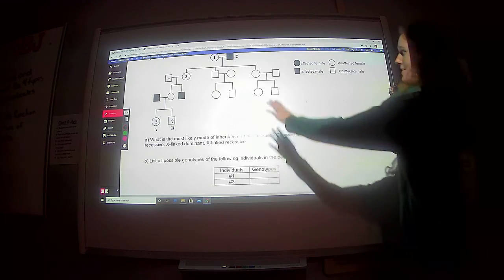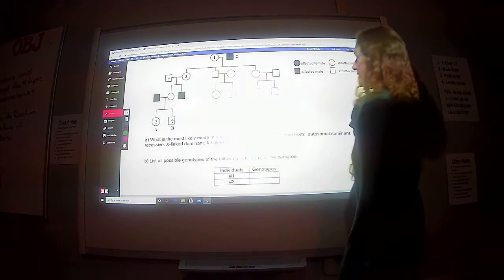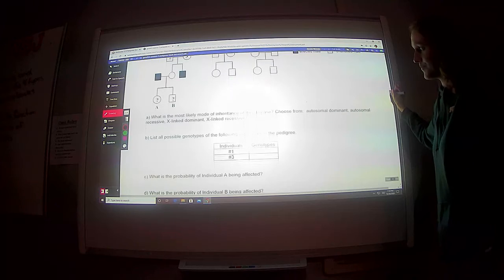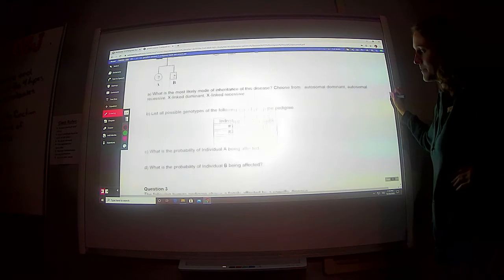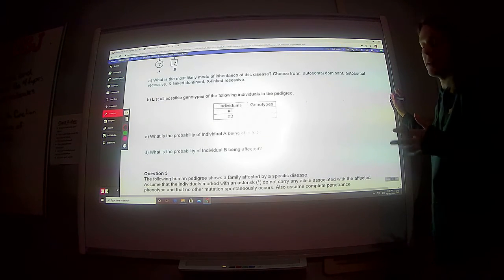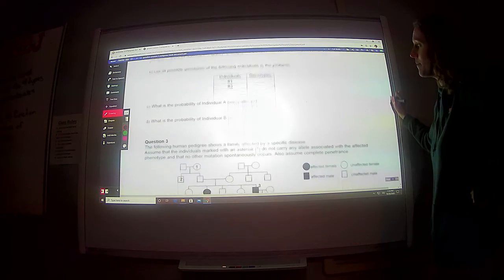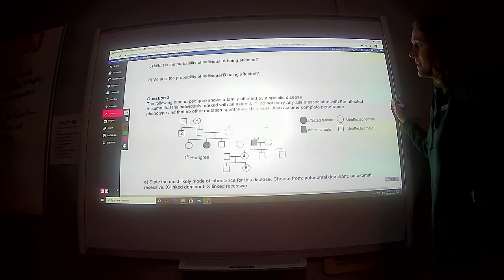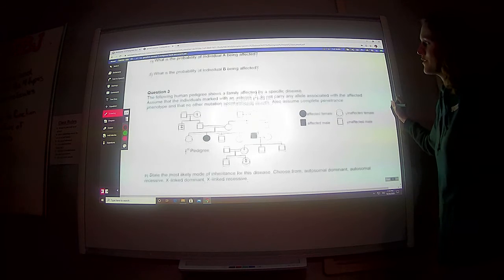And because the girls here do not have it, I would go with the recessive trait on that. So you'll give the genotypes, probabilities. You may need to work up a Punnett square to determine your probabilities of them being affected. And that question is not nearly as long as the first one we did.